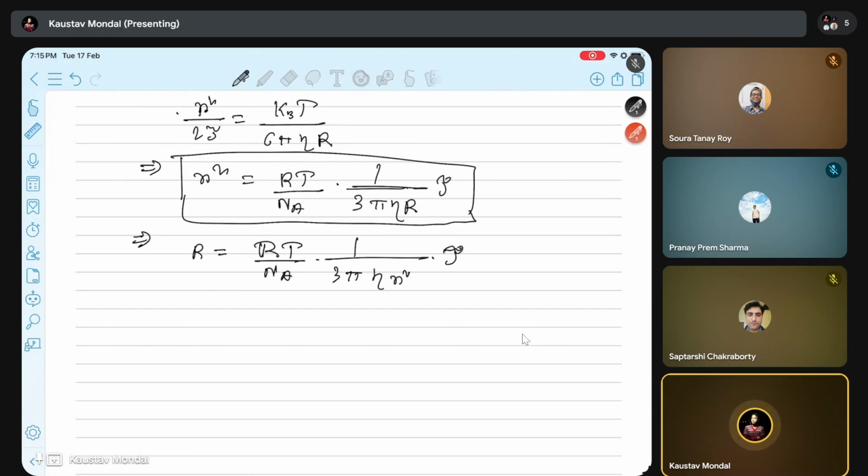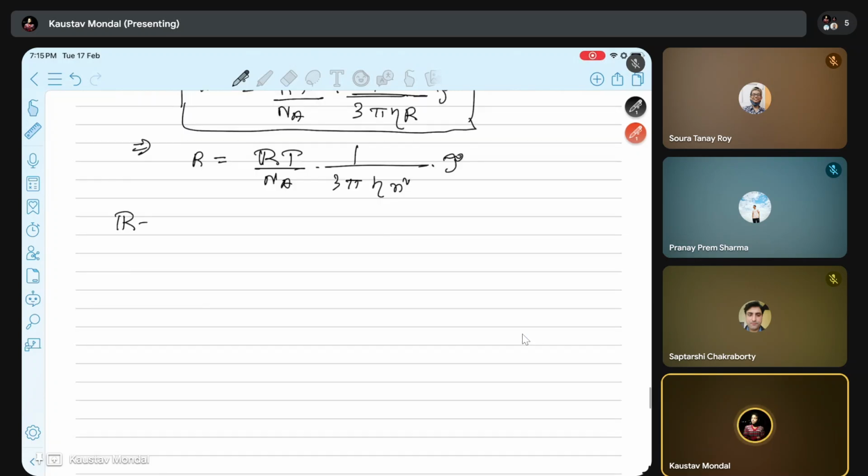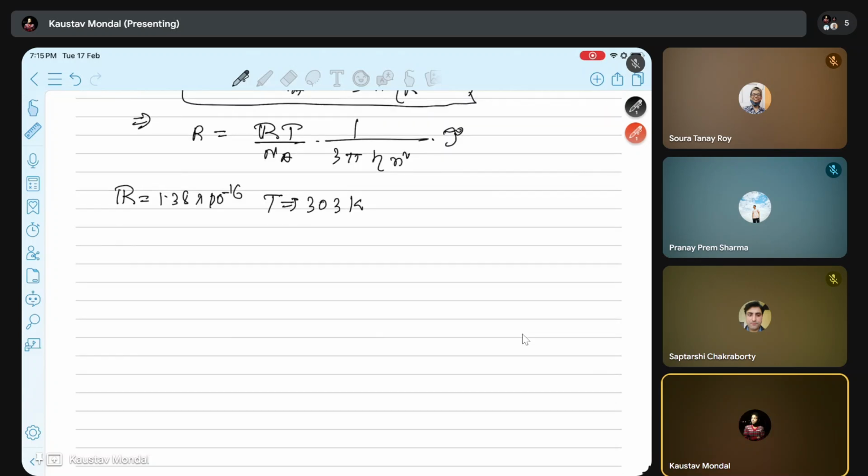Here in the problem, T is 303 Kelvin. Tau is unit time, that is 1.